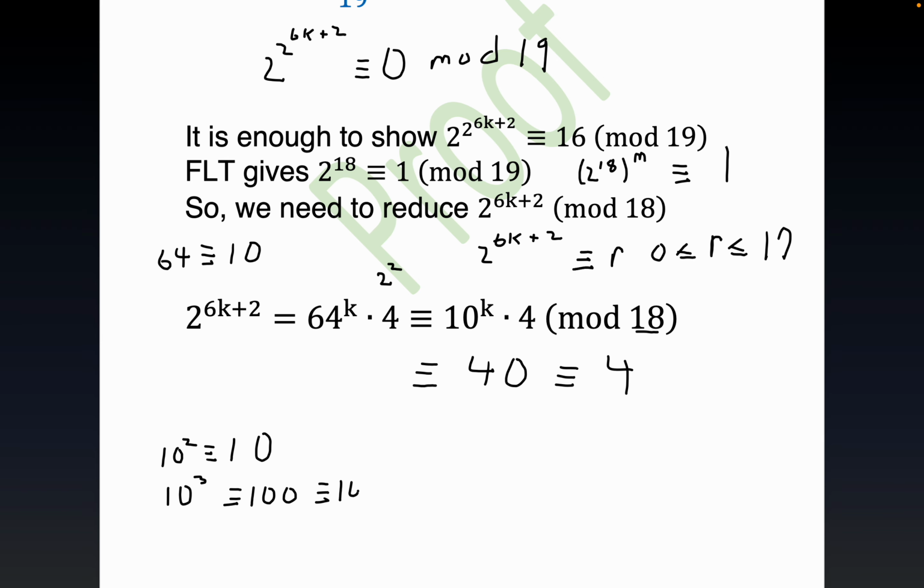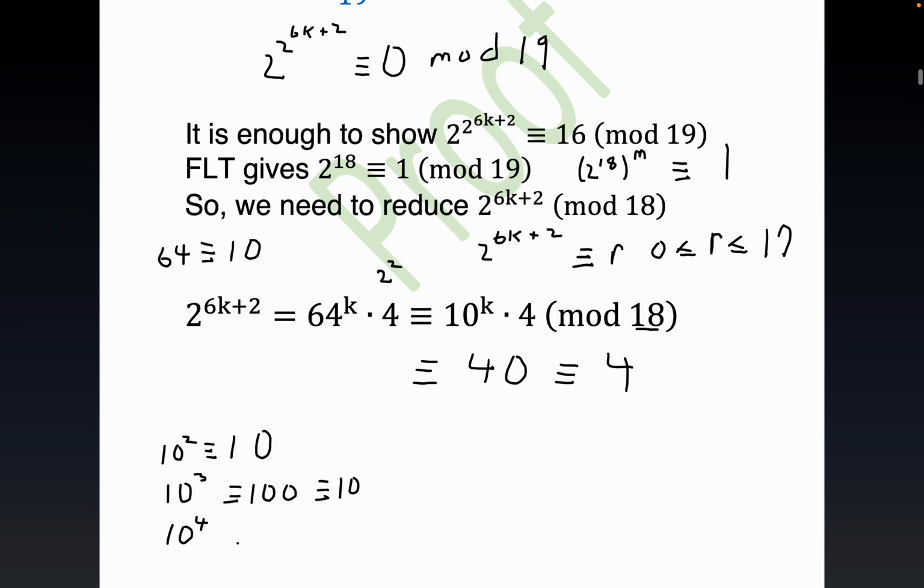I'm not going to prove this formula; it's absurd to waste time on that. 10 to the 4th, in a similar fashion, is also congruent to 10, because I multiplied 10 across this congruence.